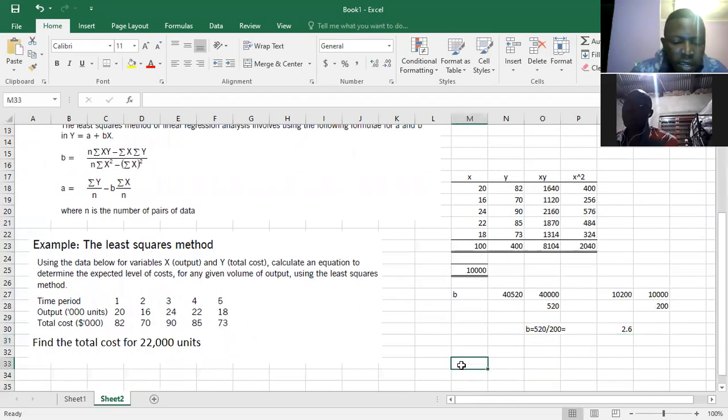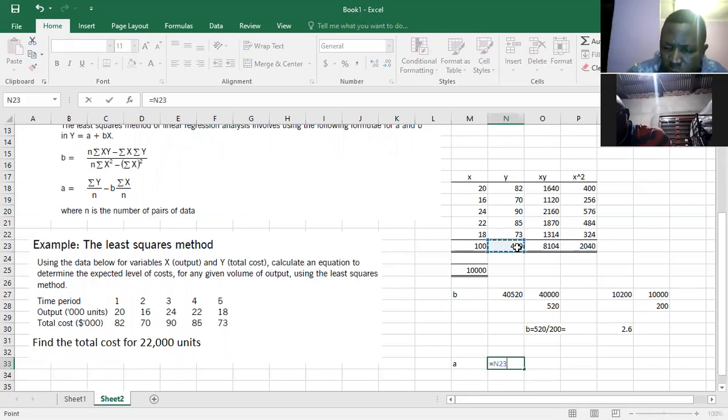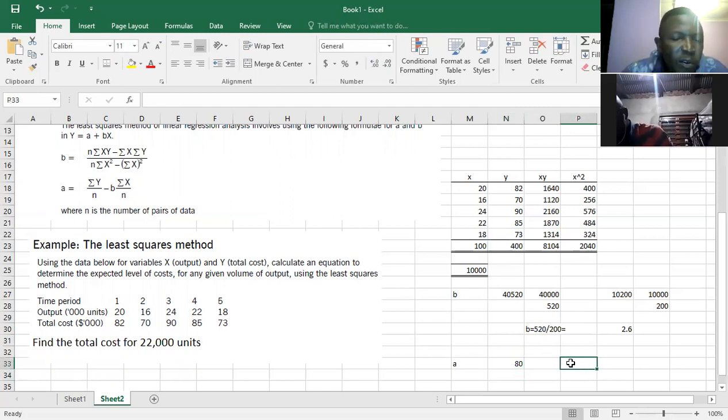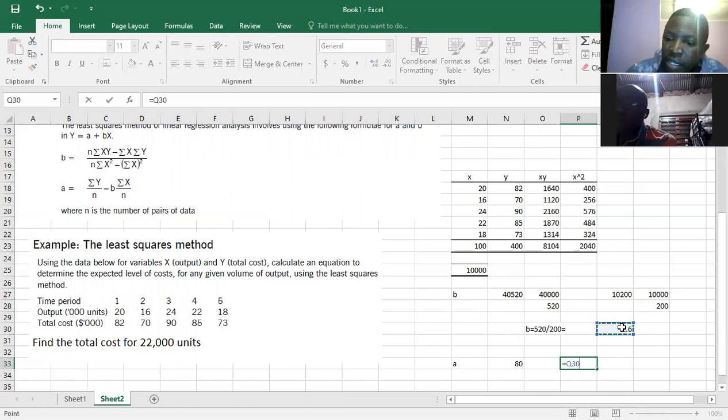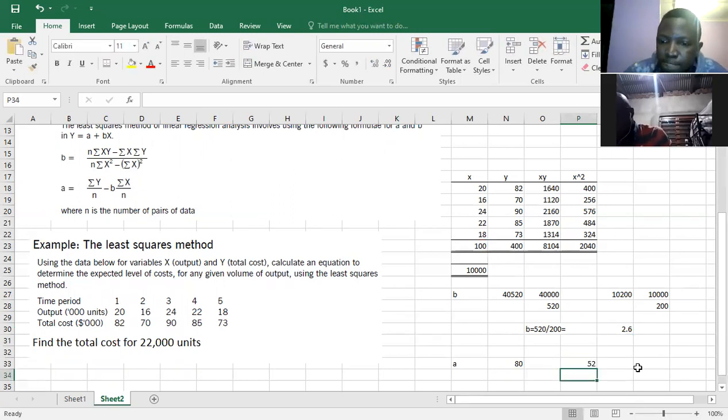Then we can find our A. So our A is summation of Y over N, 400 over 5, minus summation of X over N times this guy, B. So we have this minus this.